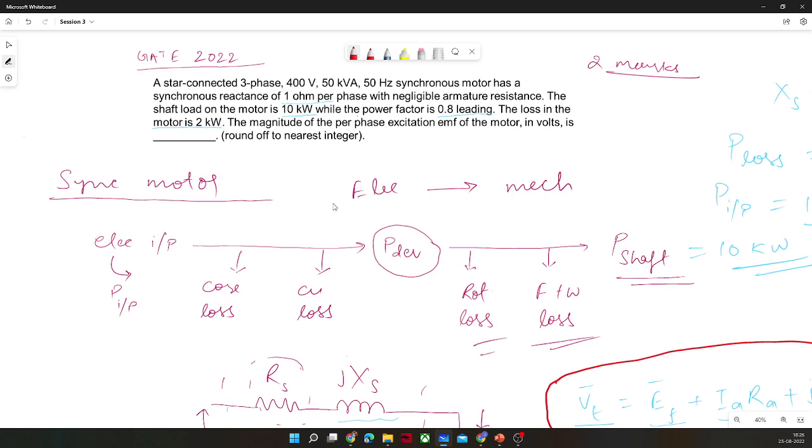So that's why we directly jumped from the shaft load to input load. Otherwise, we would have stopped at the developed level and calculated EF directly from there. In the power equation, you can see there are terms EF, VT, delta, and theta.